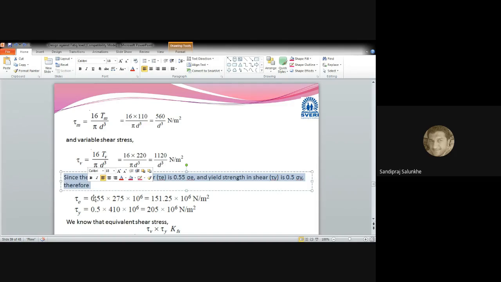This formula or this relationship has not been mentioned anywhere in the statement. This we have learned, or for those who are not remembering where we have seen it, that table was provided actually. So just listen carefully. Shear stress and principal stress have a specific relationship with each other that we have seen in Mohr's circle.